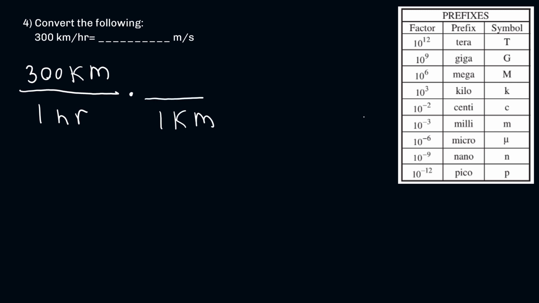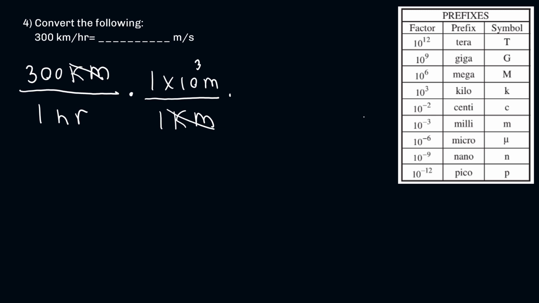And look for what 1 kilometer is in meters on my table. I can see that a kilo is 10 to the third, so that's going to be 1 times 10 to the third meters. So our kilometers is now canceled out, and we're in the proper units for distance. So going from hours into seconds, I can do a straight away conversion, but I'm just going to do it in 2 steps.